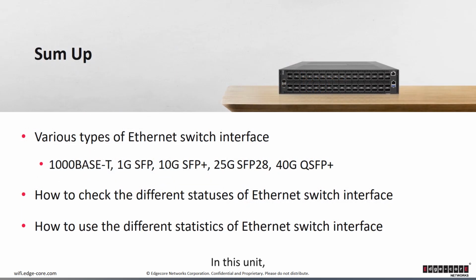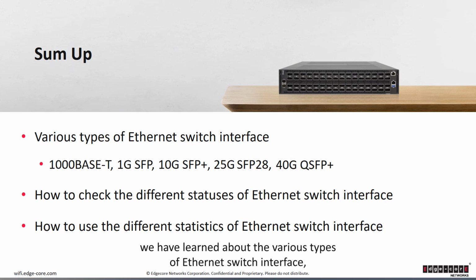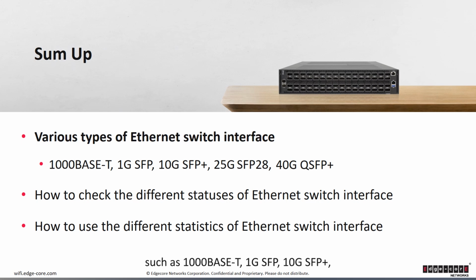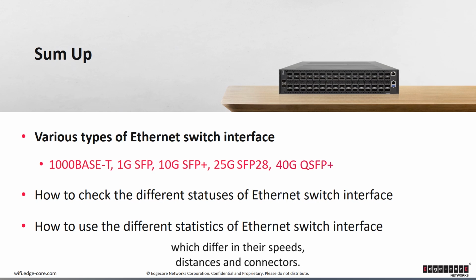In this unit, we have learned about the various types of Ethernet switch interfaces, such as 1000BASE-T, 1G SFP, 10G SFP+, 25G SFP28, and 40G QSFP+, which differ in their speeds, distances, and connectors.